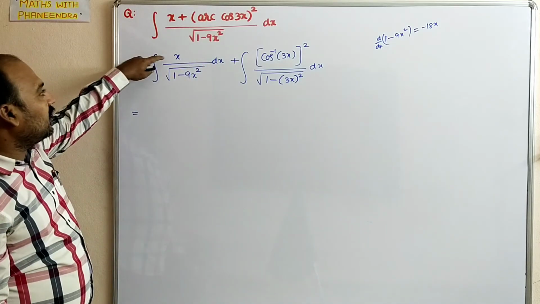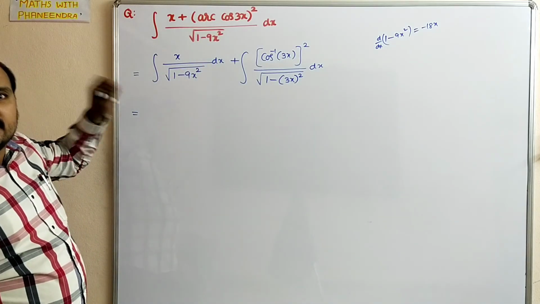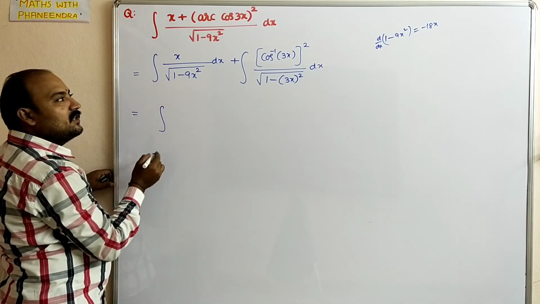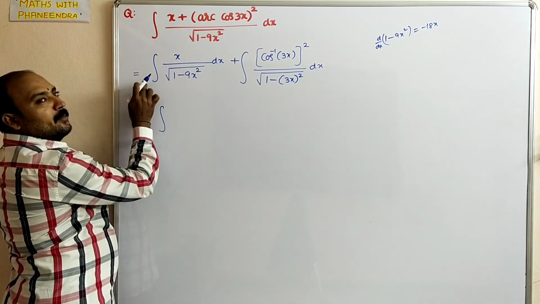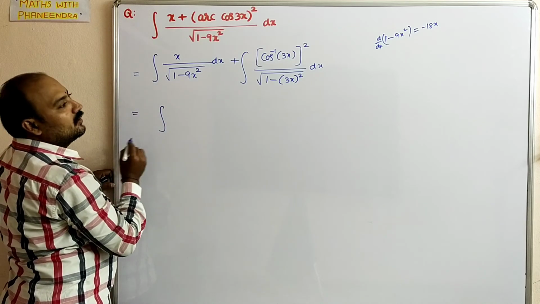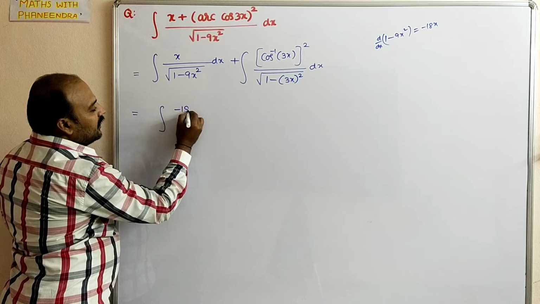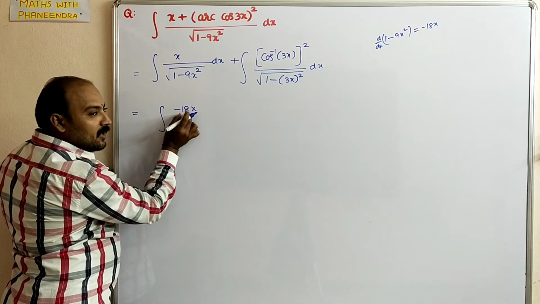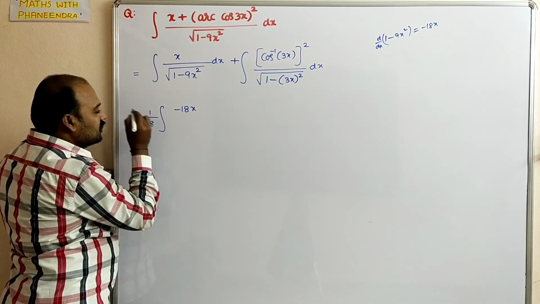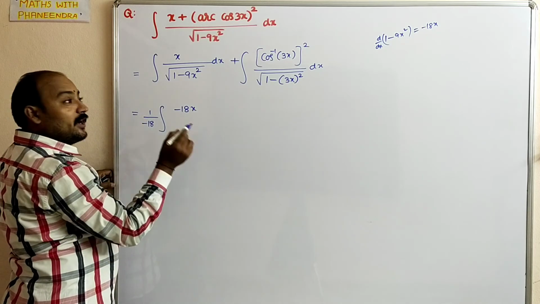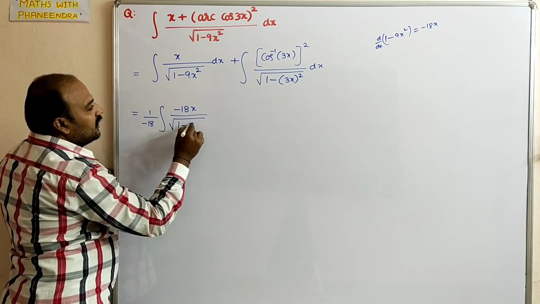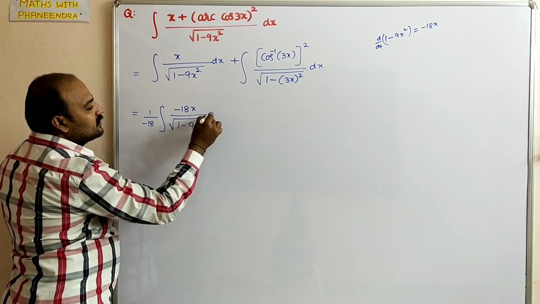But in the given integral numerator x is there, so multiplying and dividing by minus 18 in the numerator and denominator. That means multiplying by minus 18, dividing by minus 18. There is no change at all. And to get the formula form also, we are doing like this, 1 minus 9x square into dx.